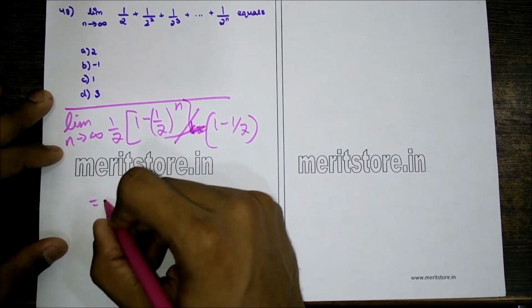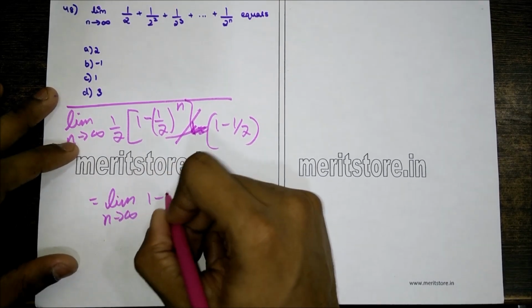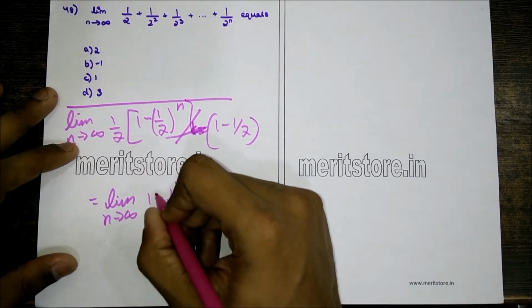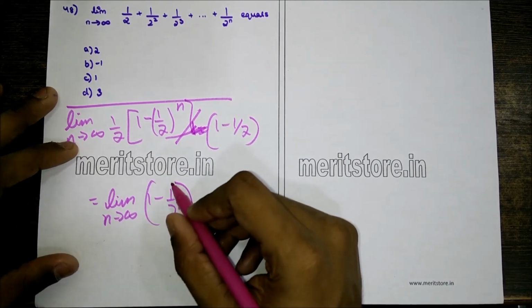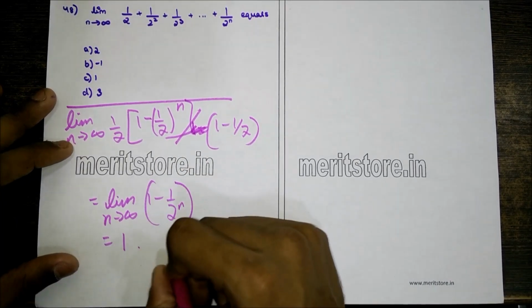Now this gives us limit of n tends to infinity 1 minus 1 by 2 raised to n. We can apply the limit of n tends to infinity, giving us 1, which is option C.